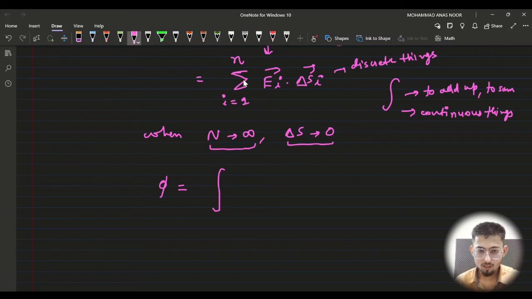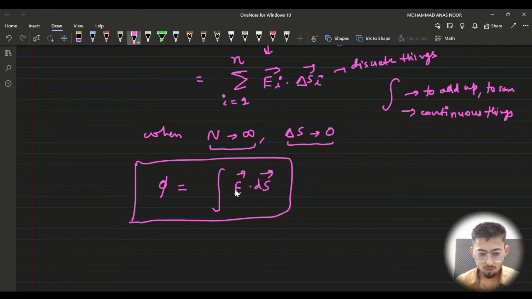So this summation is just reduced to an integral, and the rest is the same thing. So this is the formula used to find the flux when E is non-uniform.